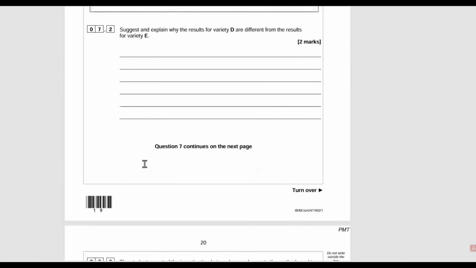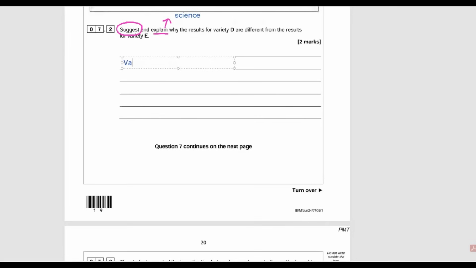And so what I would go with here is, and look, keywords, folks, keywords: suggest and explain. The word explain means we need to bust out the science. So what we're going to do here is say different concentration.